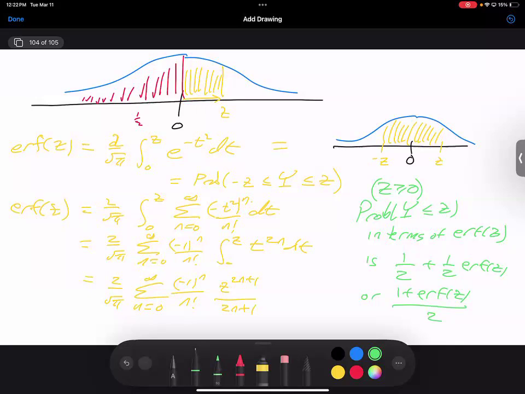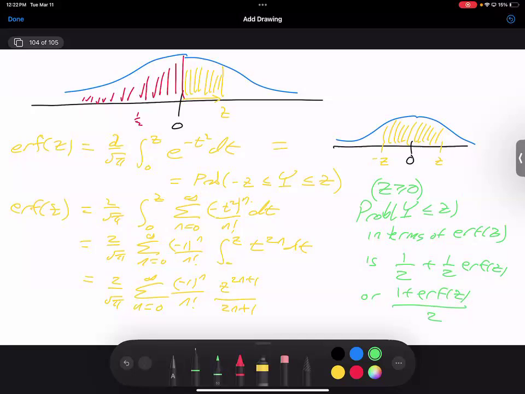And you've got to be a little bit careful. In my expansion here, am I assuming z is positive or negative? Or am I not saying? I mean, nothing in my expansion depended on z being positive or negative.